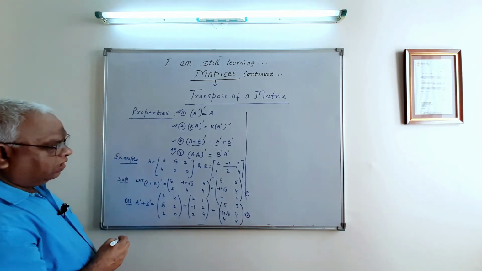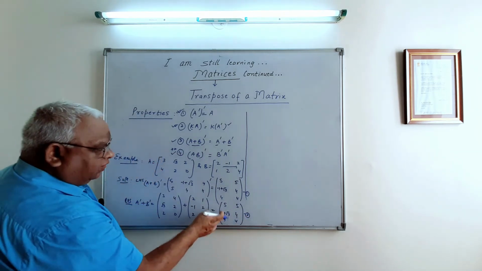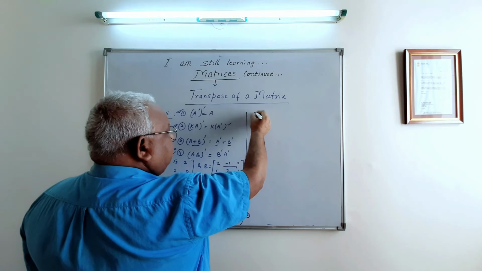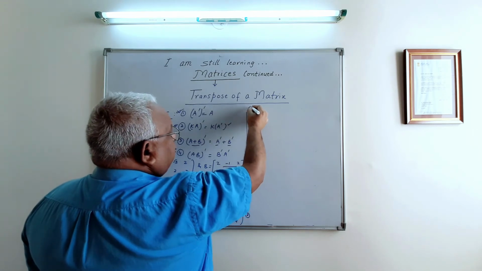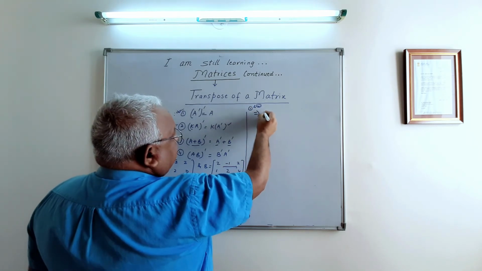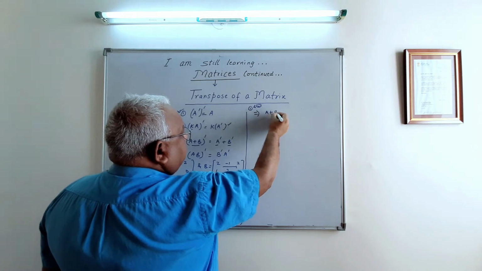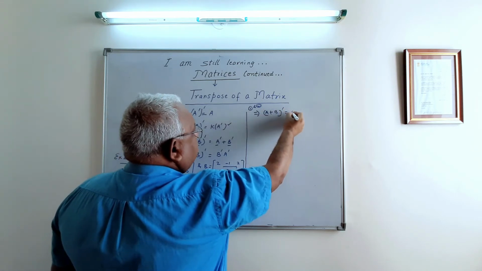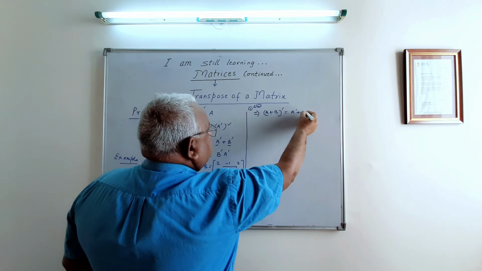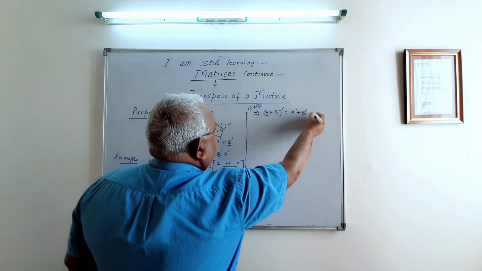So I hope you have understood by seeing that this, 1 and 2, implies (A plus B) transpose is equal to A transpose plus B transpose. Verified.